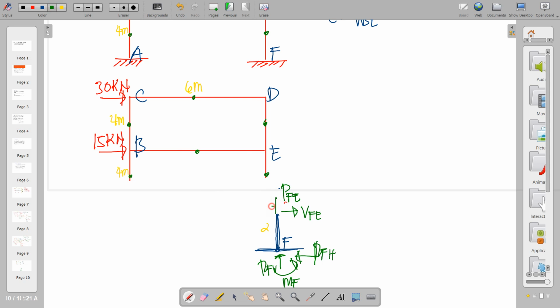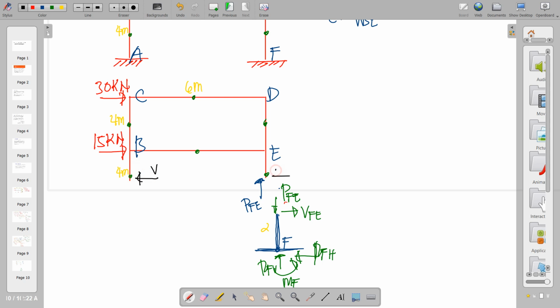So this is PFE transferred to this shall be also PFE. So that this is shear.